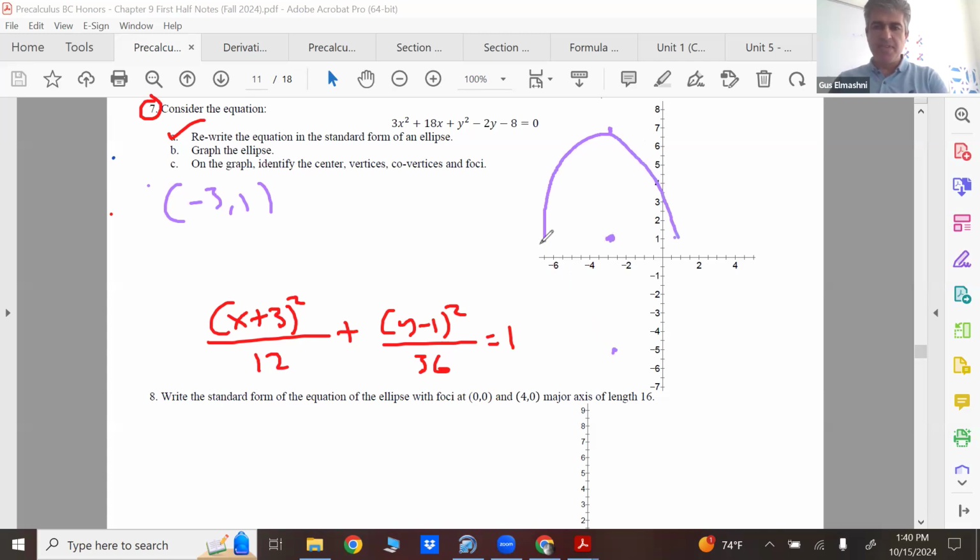Oh, geez. Okay, not the best looking oval, but it's okay. So I got my center.